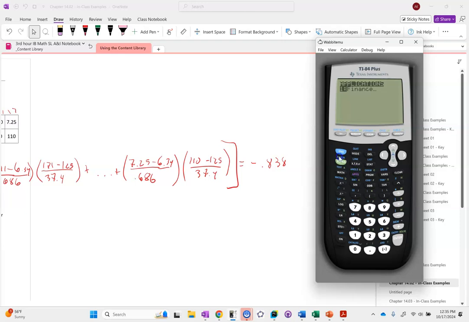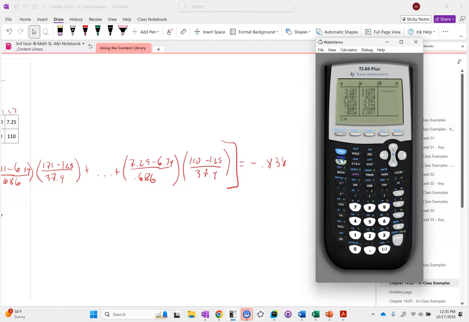Make a new list. Oops. You stupid thing. Make a new list. In that list, I'm going to do L6 minus vars statistics, my y mean, divided by vars statistics, my standard deviation for y. So that's those. And then make another one.